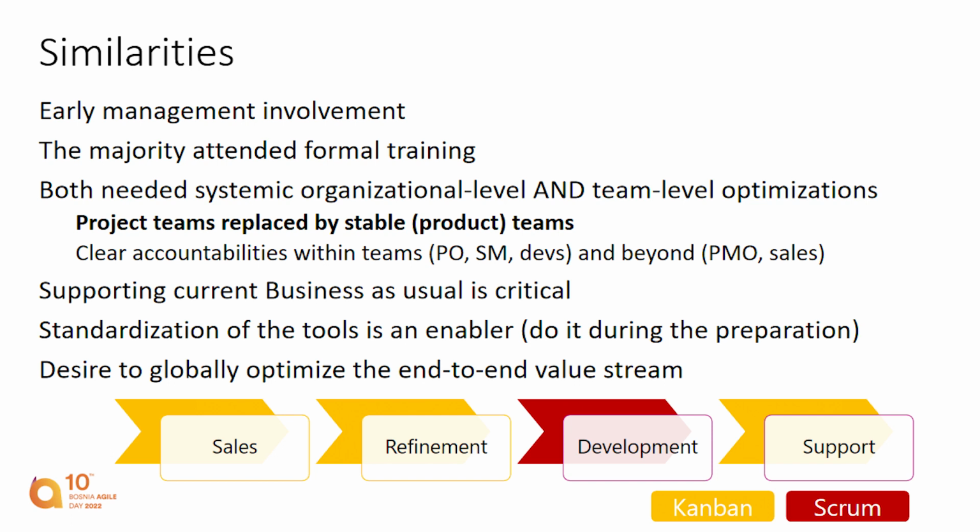So these were two benefits that improved their processes tremendously. And also accountabilities and relationships between the team and project managers from the PMO, or team and people from the sales. All right. So one additional similarity was that they still needed to deliver. Their business as usual couldn't wait for the transformation to happen.